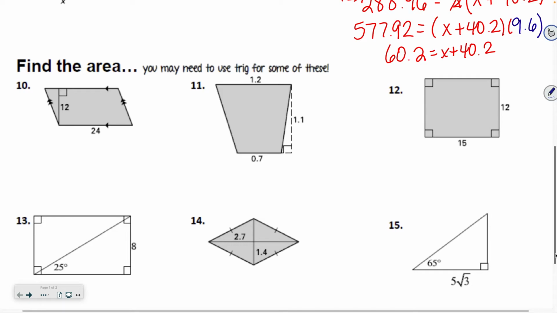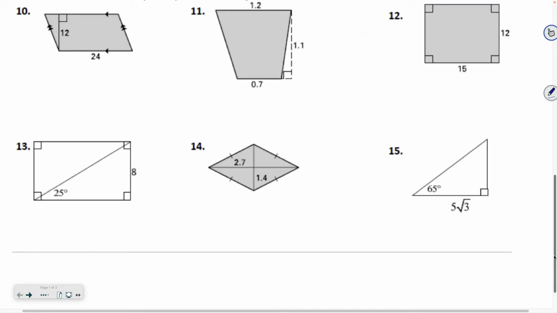All right, I want to get down here to these bottom ones real quick. 13 is a rectangle. We know that. What do we not have? The other side. So we know that the formula is base times height, and we have a height of 8, but we don't have a base. I'll just call this B. What's that 25 degrees there for? SOHCAHTOA.